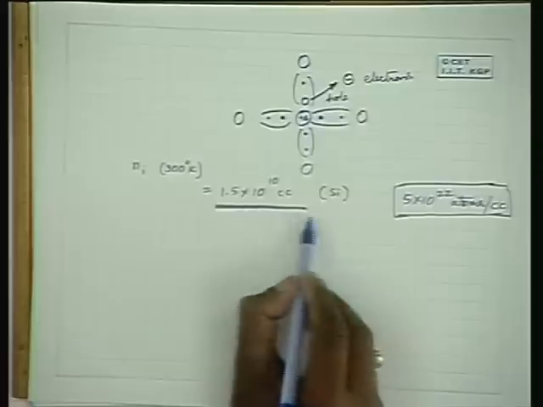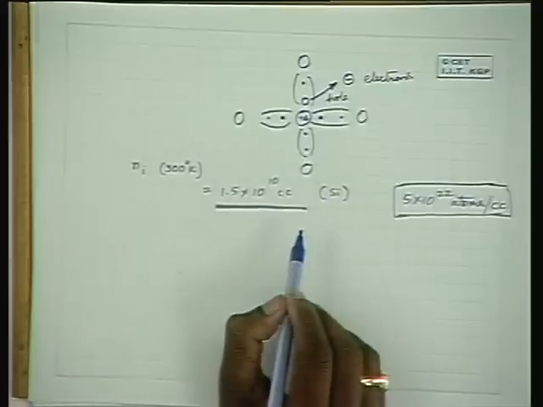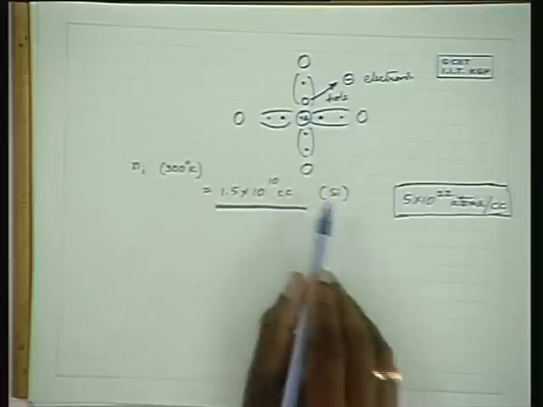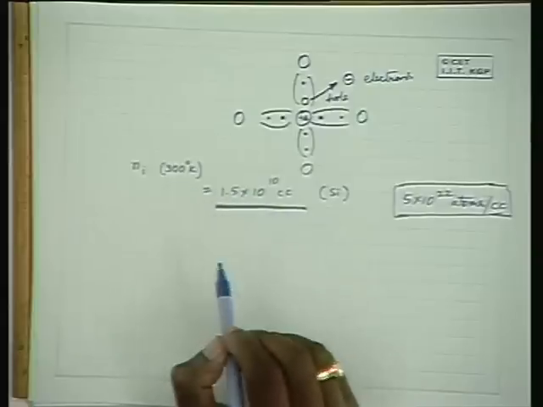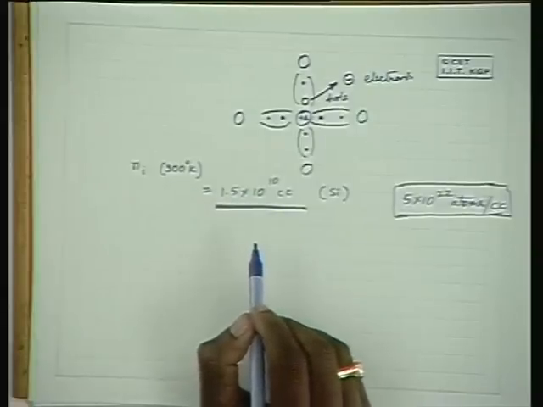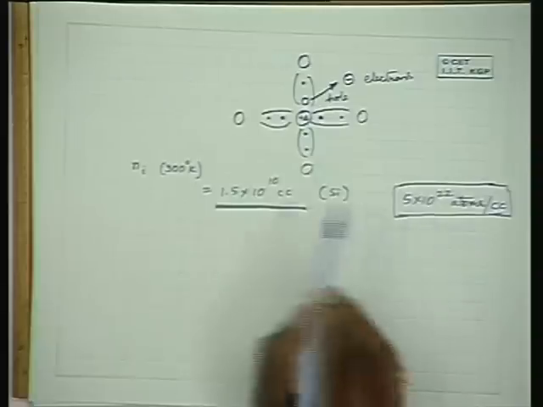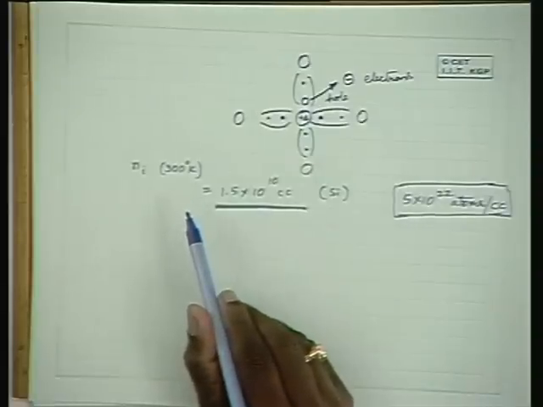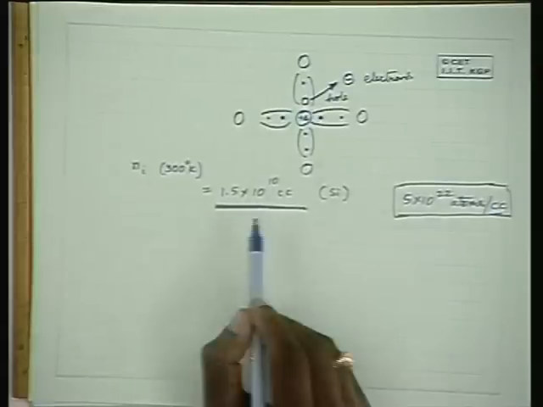So this is the concentration of free electron-hole pairs formed at 300 degrees Kelvin. That means out of how many atoms one generates a hole and electron pair can be clearly seen from here.